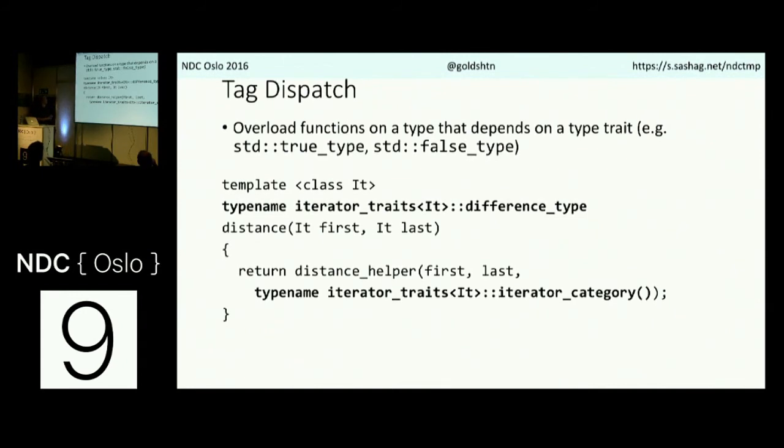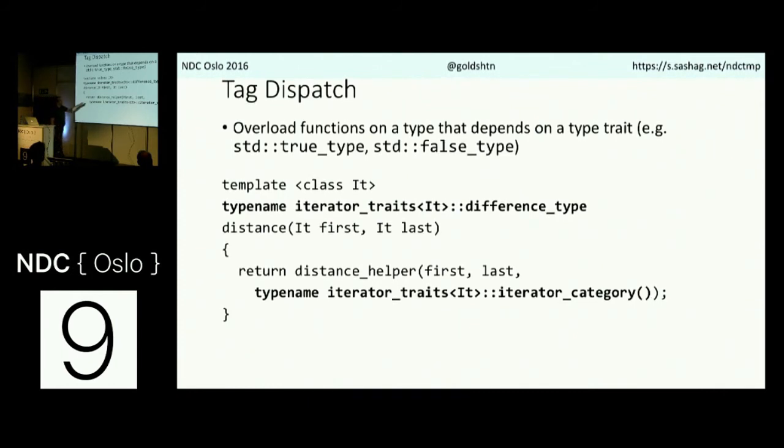And distance helper takes the two iterators first and last, as well as an additional parameter. And this one is also obtained from iterator traits. So in iterator traits, I have iterator category, which is a type. So I instantiate that type over here, and that's what I pass to distance helper.